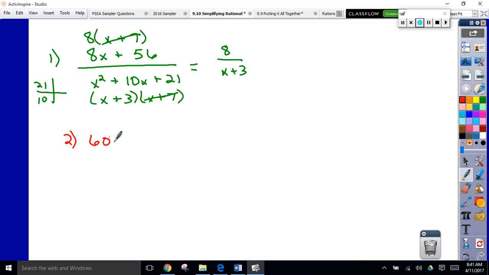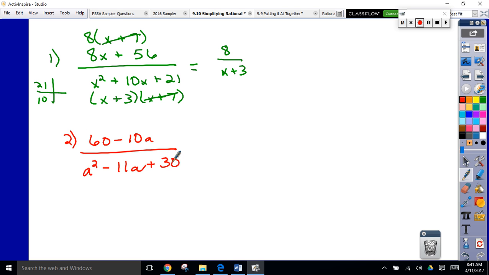Okay, let's take a look at number 2. We have 60 minus 10a over a squared minus 11a plus 30. Okay, the top. Rosa, what could we factor out of the top? We don't have a trinomial with a squared, so are there any common factors we can take out? 10.